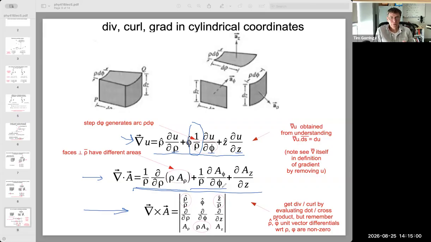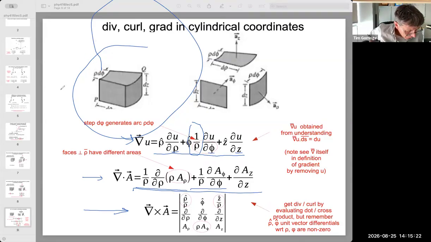It was a simple shape in rectangular coordinates because that volume was a little cube that we made with dx, dy, and dz. But if you look at that shape in cylindrical coordinates, it's much more complicated. Again, I'm using a mouse and not the pen. It's not very precise with the mouse.